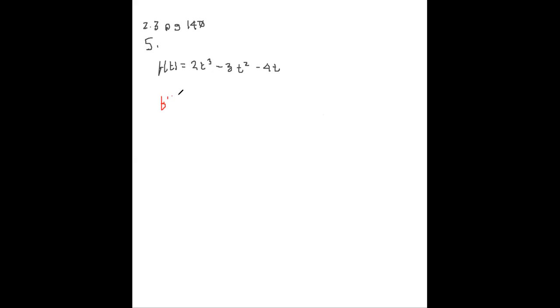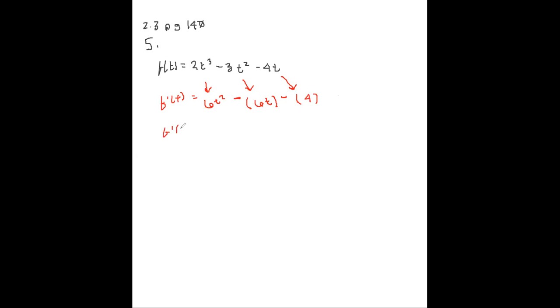So for f prime of t, we're going to end up with 6t squared minus 6t minus, what is the derivative of 4t? 4, yep.